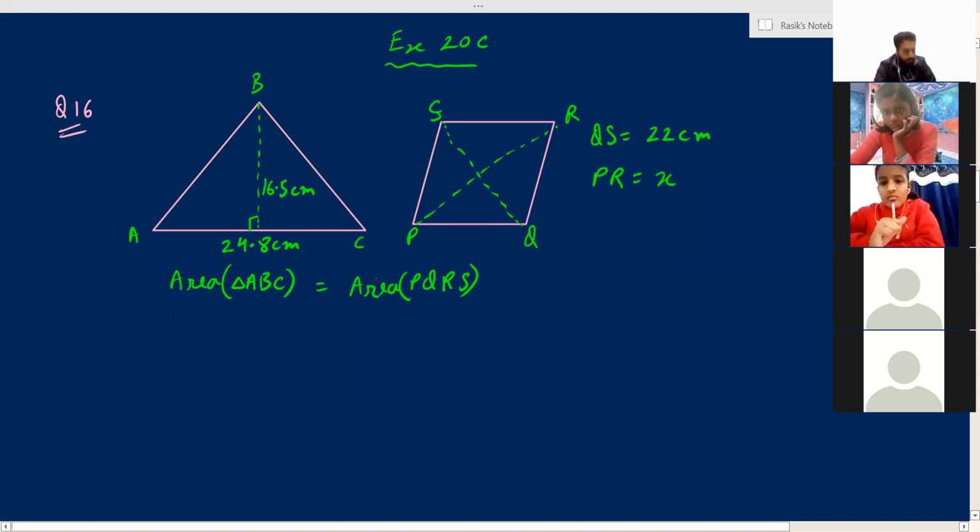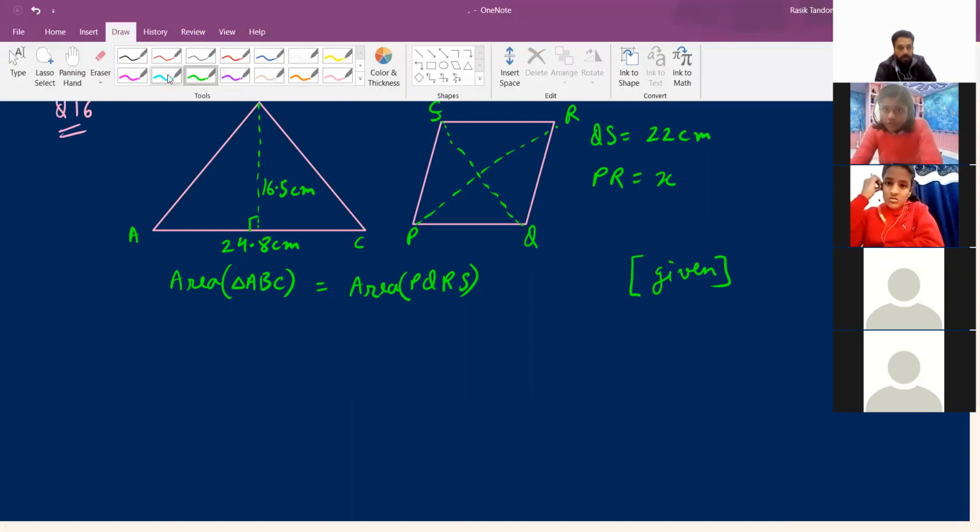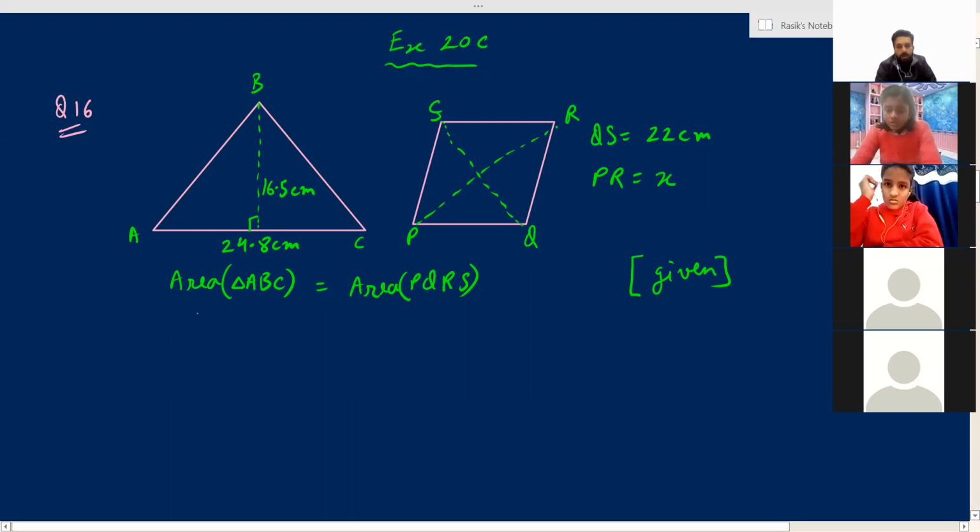Clear, all of you? There is a very important thing given here. In this case, not every case, the area of this triangle is equal to the area of the rhombus. So area of triangle ABC is equal to area of rhombus PQRS. The formula of area of triangle is half into base into height.